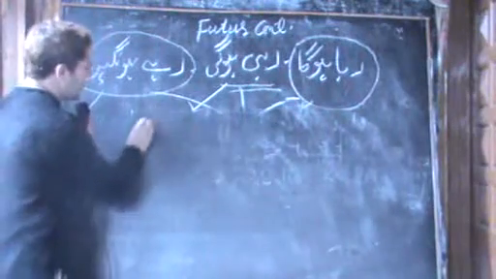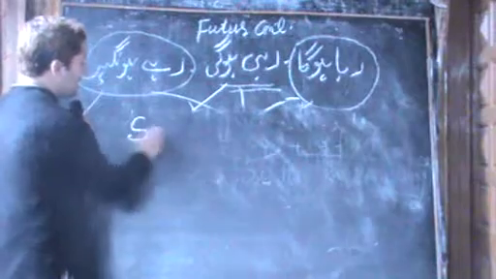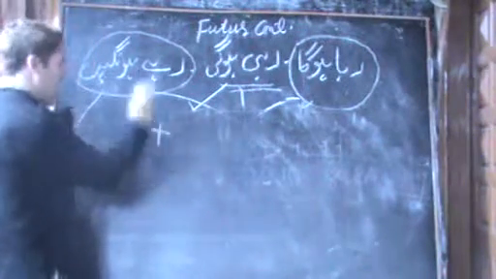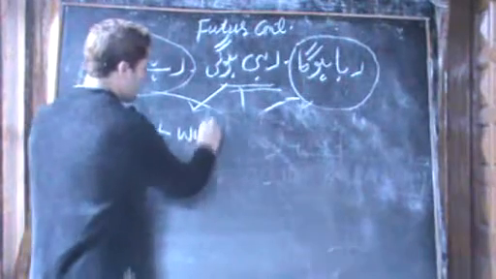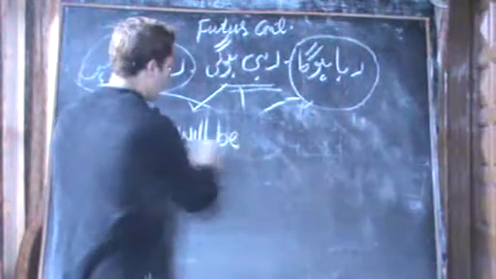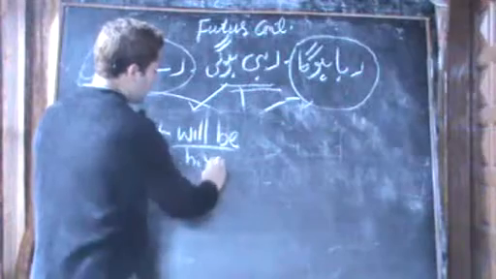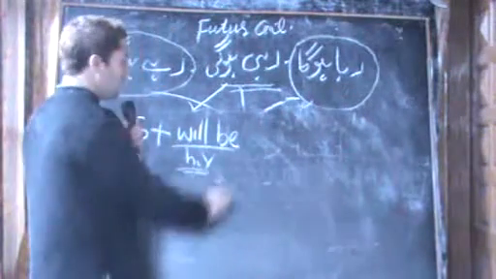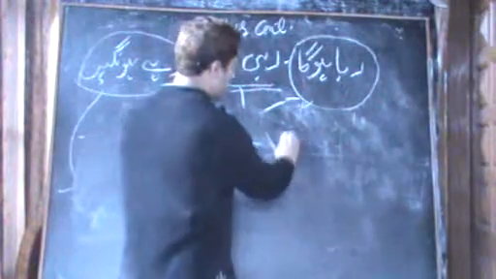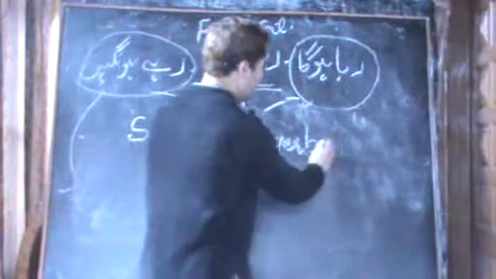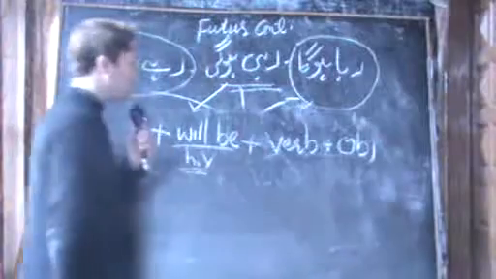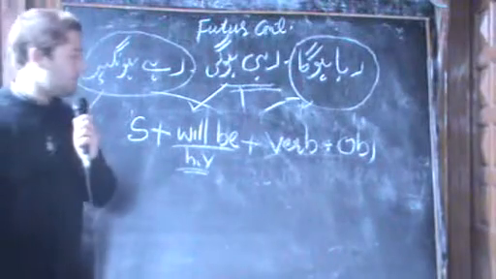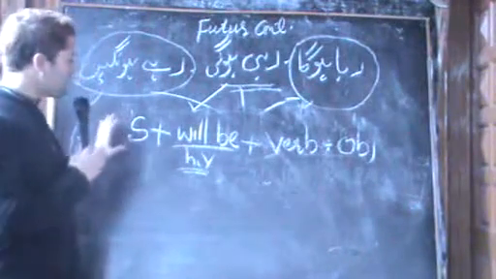Always the subject will be translated first, then the helping verb, and we know it will always be will be. Then the main verb will be translated, and then the object will be translated. And this is the positive.